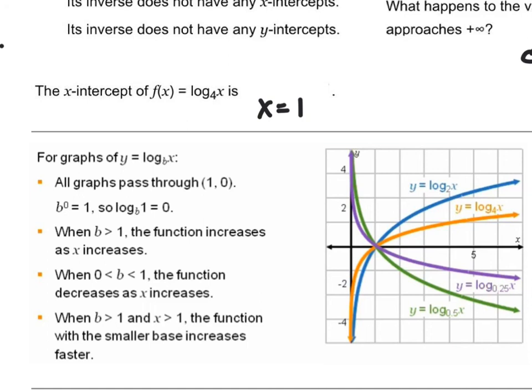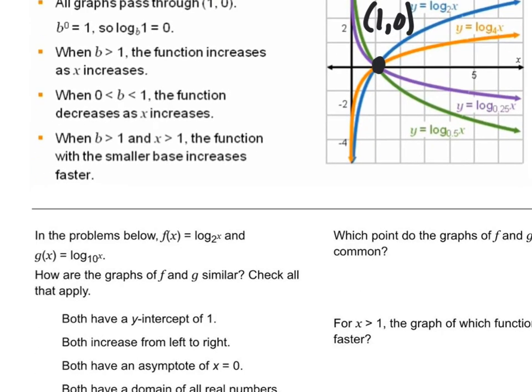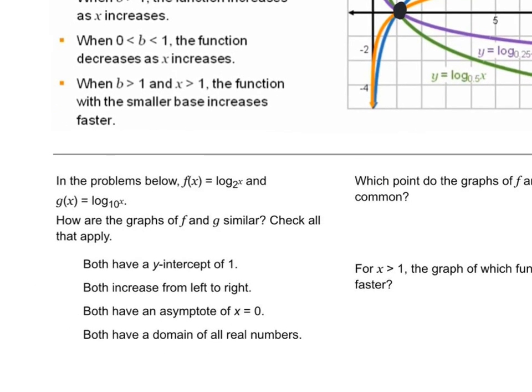The thing that you need to consider here is that all these graphs intersect the x-axis at the point 1, 0. And that's something that's always going to be the case in a log function. We'll take a look more at those types of things.